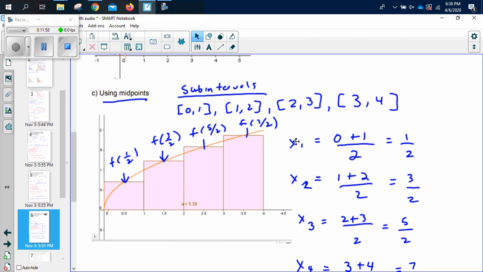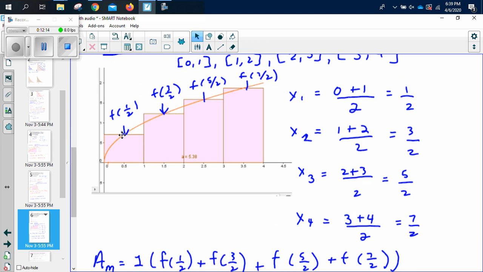And then you can find the midpoint in each subinterval, or you could just add 1 each time because delta x is 1. So 1/2 plus 2/2 is 3/2. 3/2 plus 2/2 is 5/2, and on and on. So we're using the midpoint of the subinterval and evaluating the function at that midpoint to get the height of each rectangle.